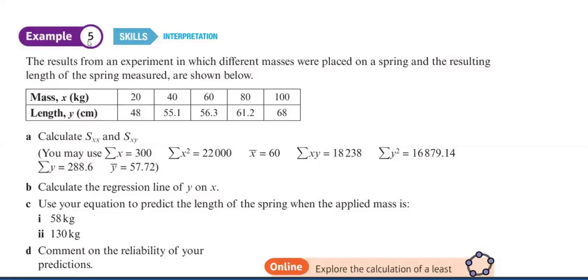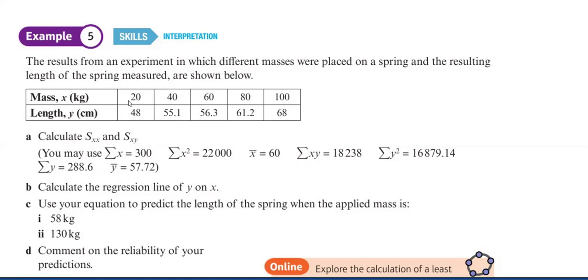Now you can do this example 5. The results from an experiment in which different masses were placed on a spring and the resulting length of the spring measured are shown below.